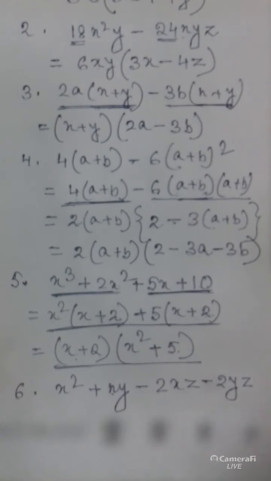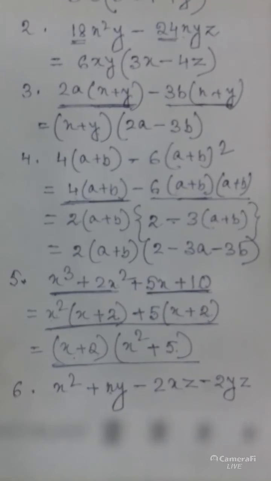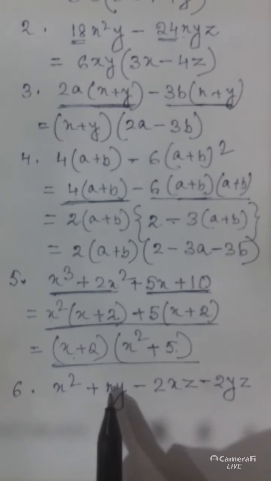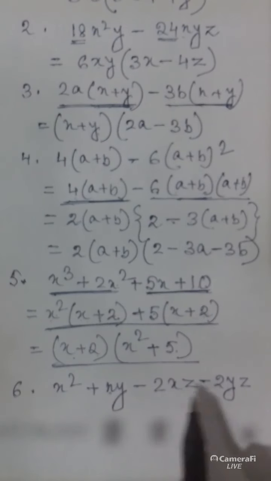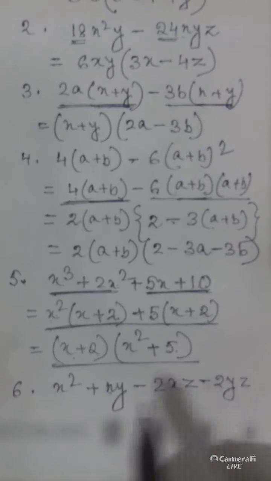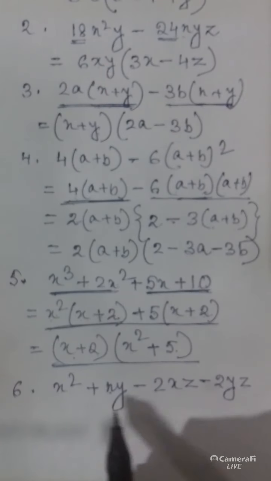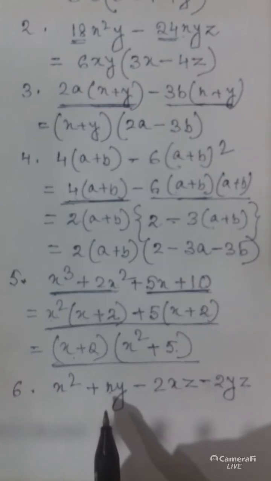Here also it is not possible to take out a common factor directly. There are four terms. It is not possible to take out one common factor, so by the grouping method we have to factorize it.